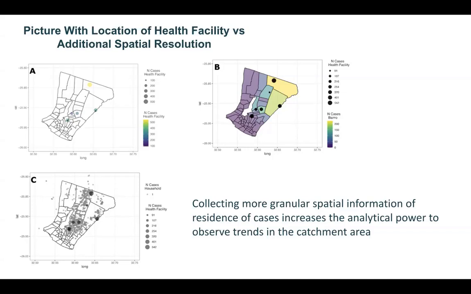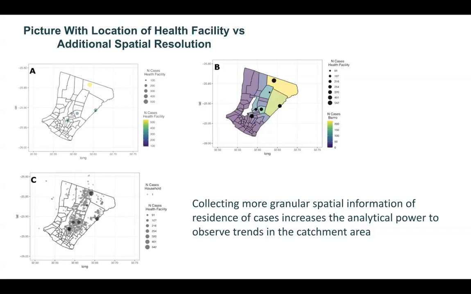If we look at more granular information, which is shown on figure B, it shows the location of the health facilities, which are the black dots, with the size of each dot representing the number of cases reported, but also with the color of each neighborhood area representing the number of cases reported that resided in each neighborhood.